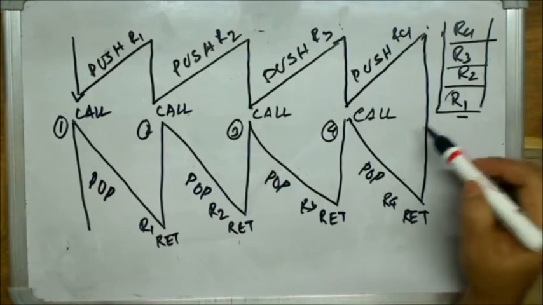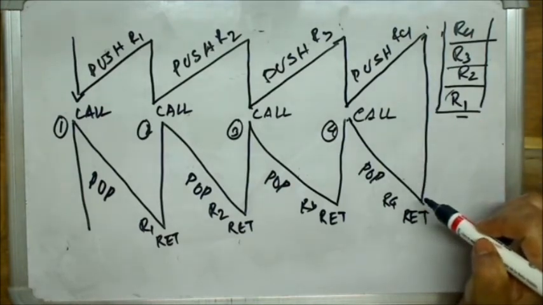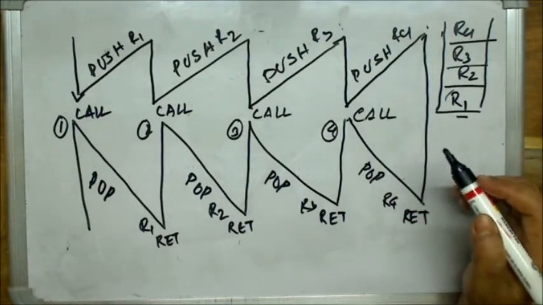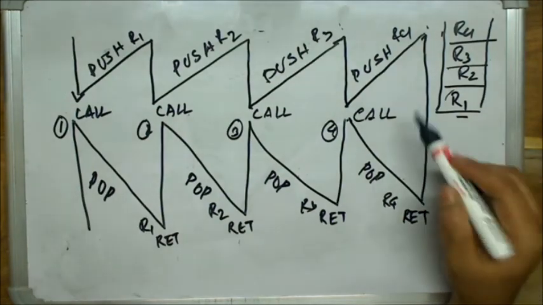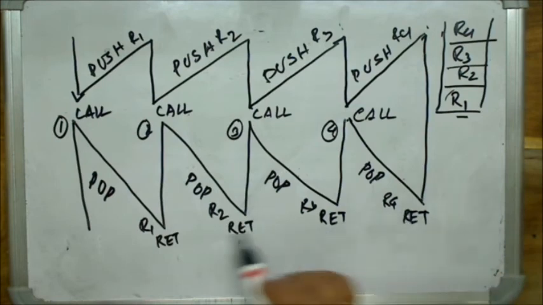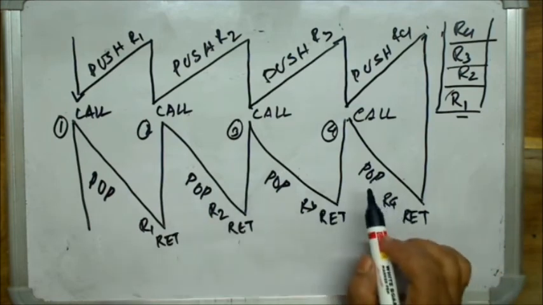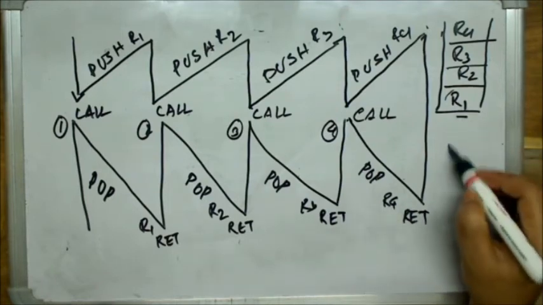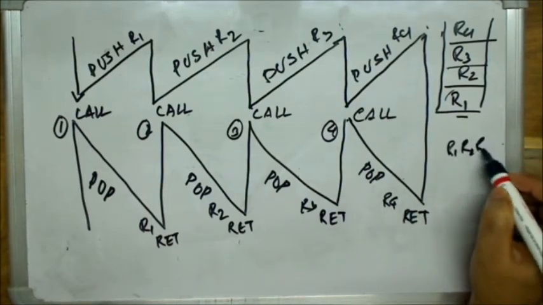Now while coming back, all the 4 returns are going to do a pop. All these 4 returns will need a pop to get back the return address, right? That means we have stored them in the order R1, R2, R3 and R4.